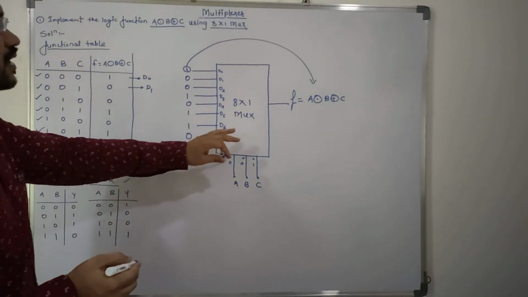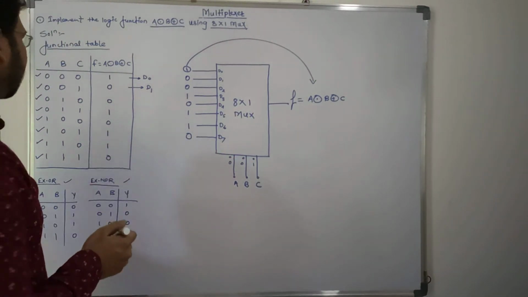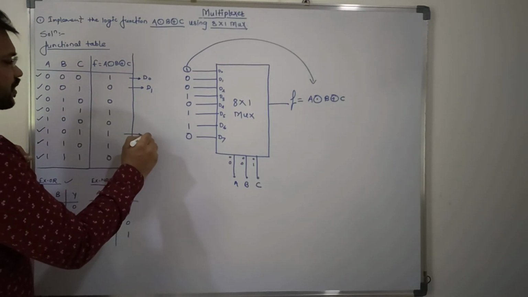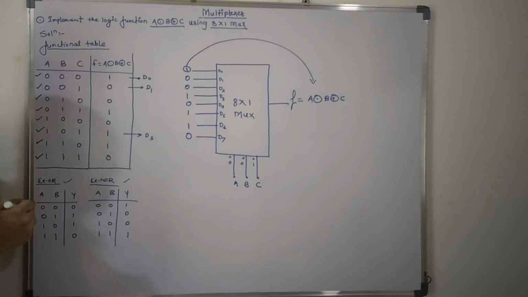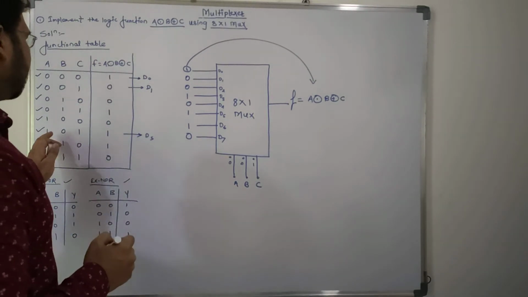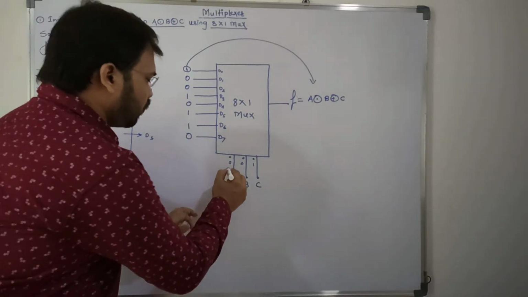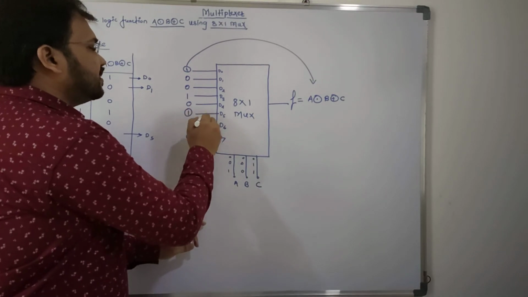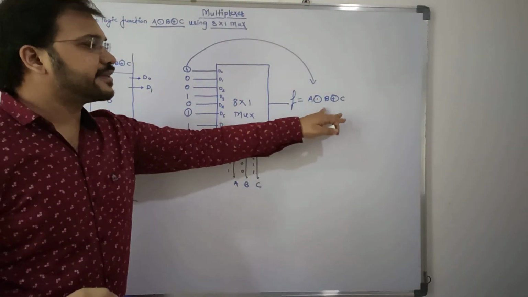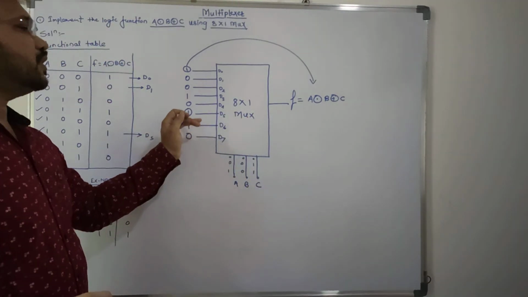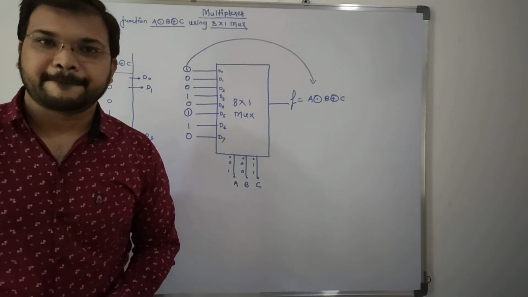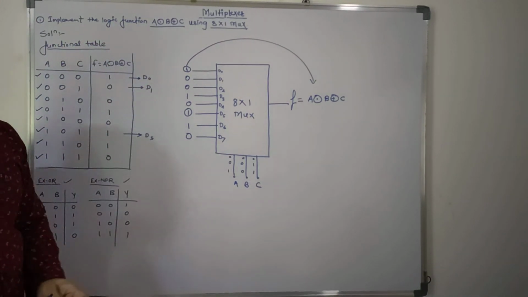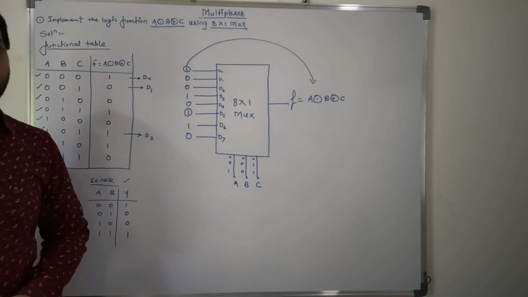If we consider 1 0 1, that is D5, at random I am selecting D5, so D5 is selected and the function value is 1. This type of numerical we can solve using an 8:1 Mux. Okay, thank you.